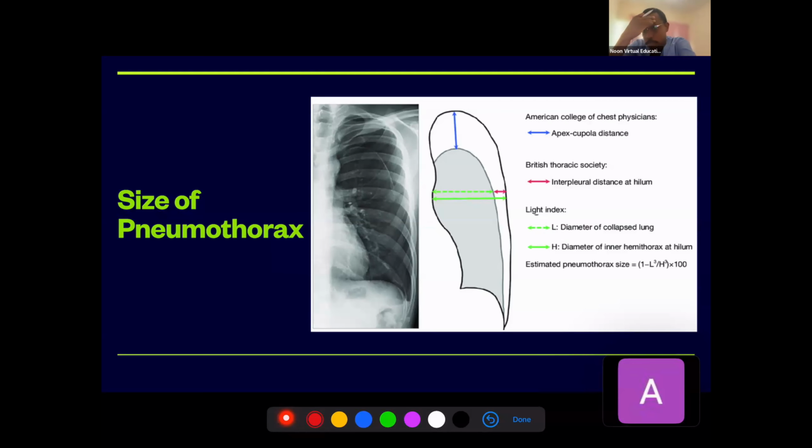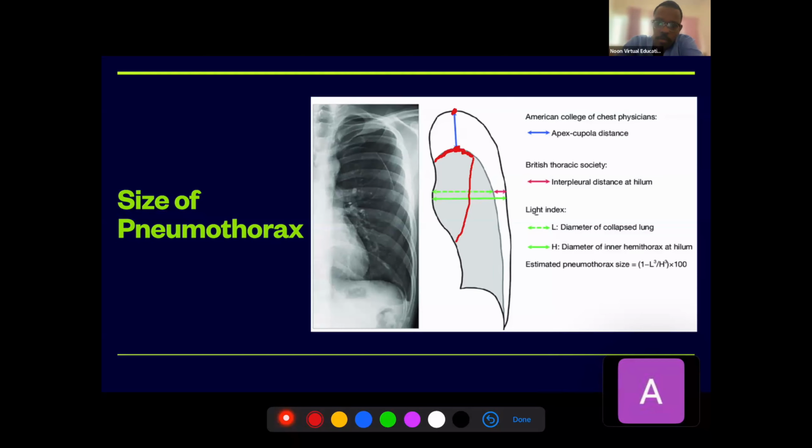So the first one mentioned by Asia is the American College of Chest Physicians maneuver for measuring the size. Actually, they are measuring the size from the apex, as you see here, from this point to this point. You can see this is the collapsed lung, and this is the margin of the lung, the apex of the lung margin.